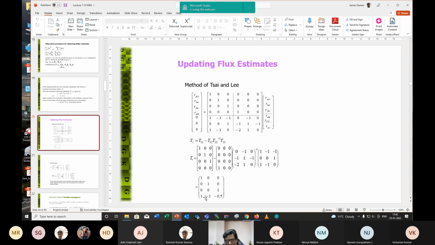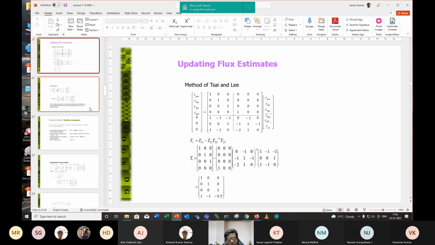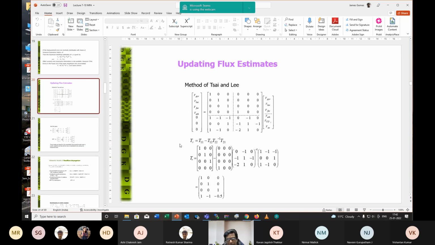Now if I do the same thing, I have this TR, and if you work it out, you'll get the same result. That is something you need to verify yourself: the result that we got in the previous set and this one would be the same.